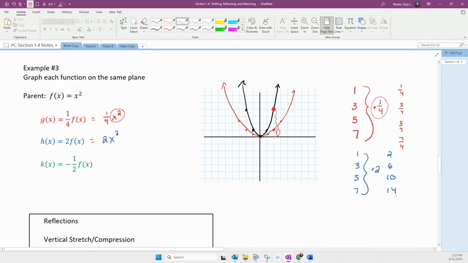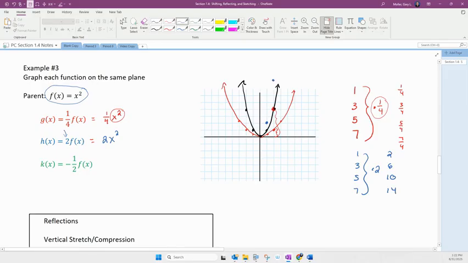And again, that should hopefully make sense because if we looked at the table of values, we already know what the outputs of f of x are. And this is just saying, hey, take those outputs and double them. And so instead of going over 1 up 1, I'm going to go over 1 up 2. Then I would normally go up 3. Now I'm going to go up 6 instead. So 1, 2, 3, 4, 5, 6.